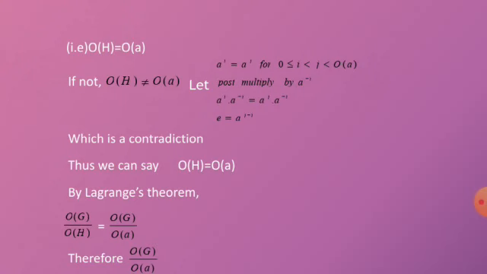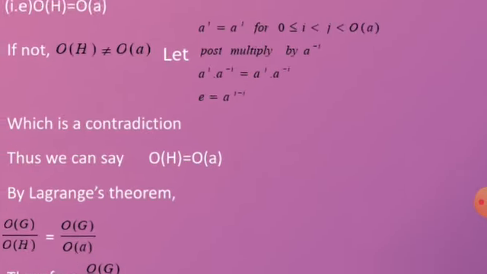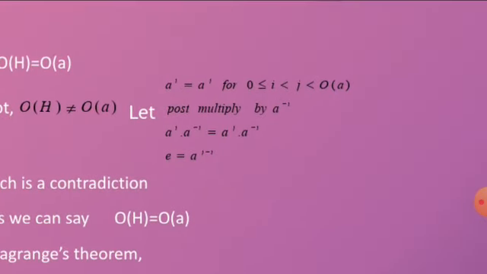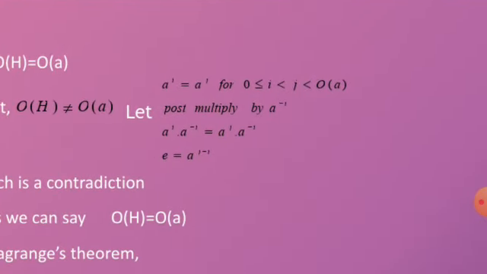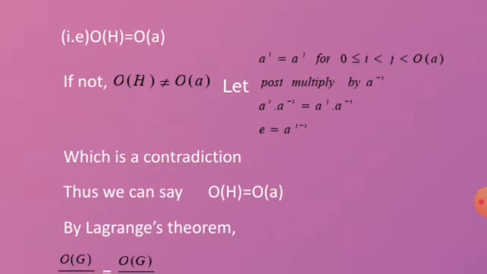Post multiply by a inverse, that is, by a^(-j). So a^i times a^(-j) is equal to a^j times a^(-j), that is e. So a^(i-j) is equal to e, which is a contradiction.